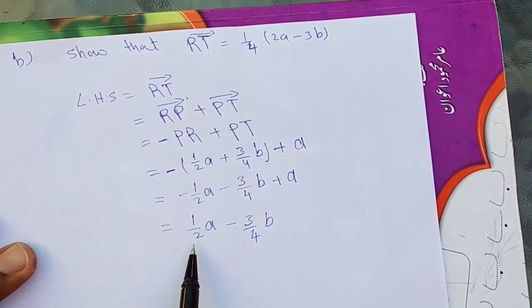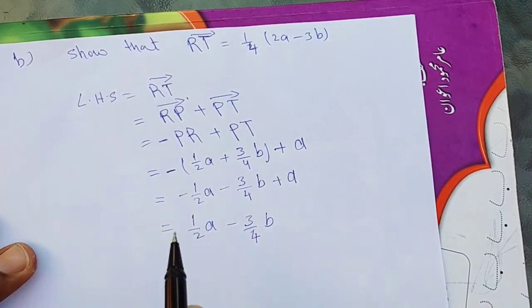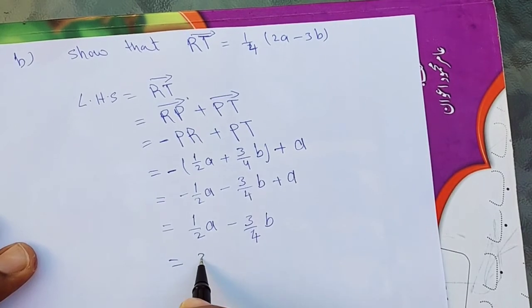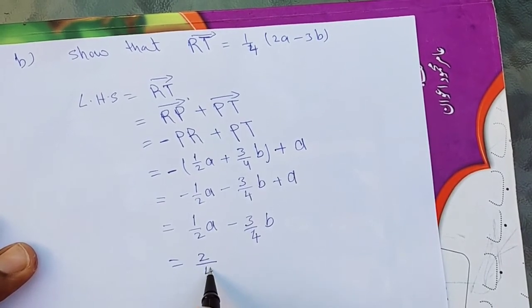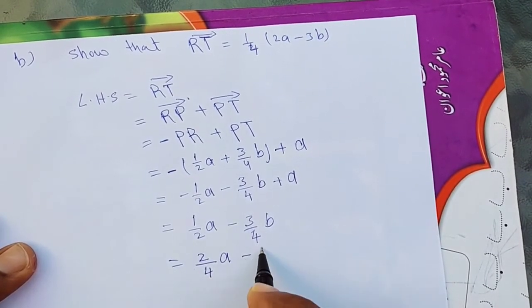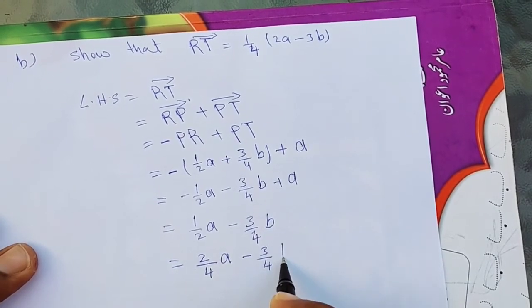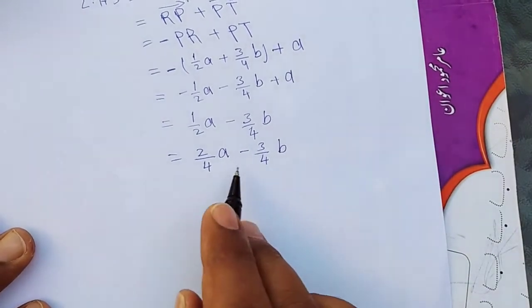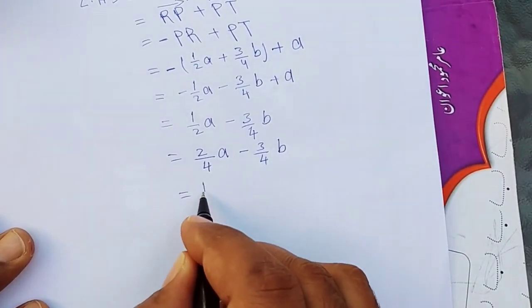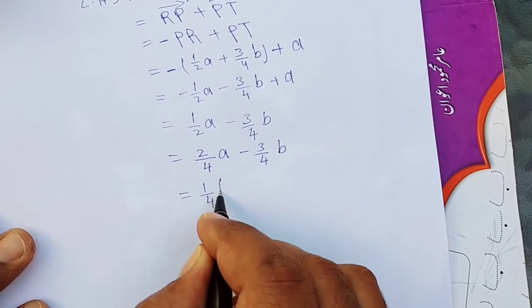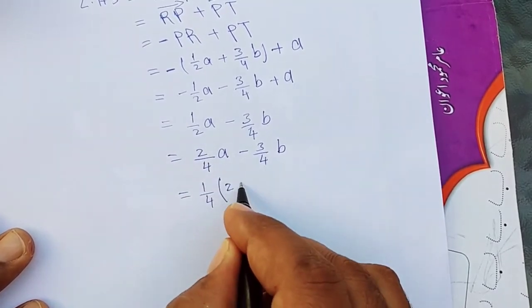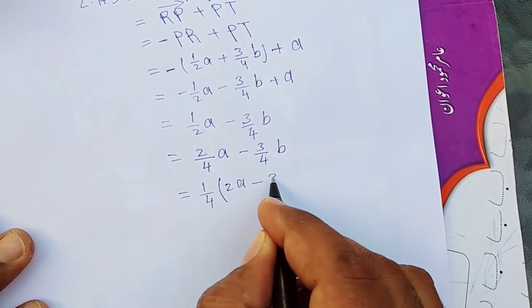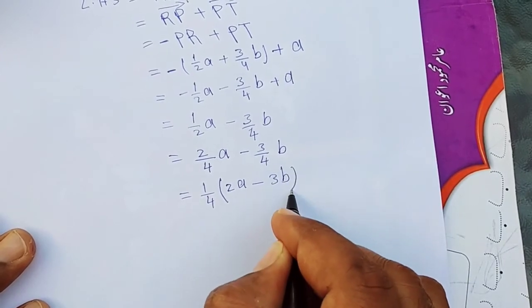We don't have here 1 over 4, we have 1 over 2. So 2 over 4a minus 3 over 4b. Okay, my dear, let's take common 1 over 4. What is remaining here? 2a minus 3b.